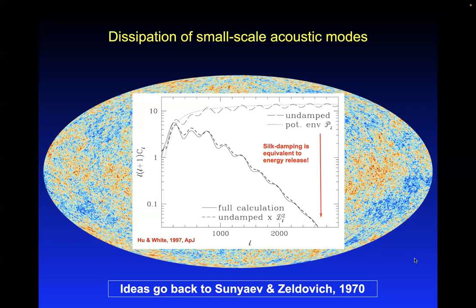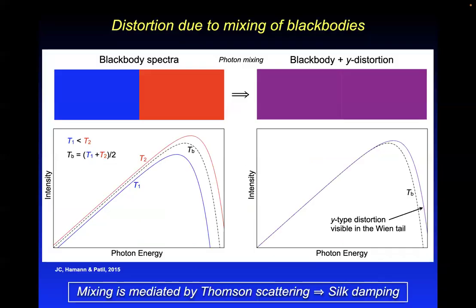So that leads to distortions of the microwave background, and the ideas go back to the 1970s by Sunyaev and Zeldovich. And the physics is very simple, because imagine you have a box with black bodies, one black body part being a little bit colder and one a little bit hotter. Here's the spectrum of the hotter part, and here's the colder. If you take the average temperature black body, that would be the black line.